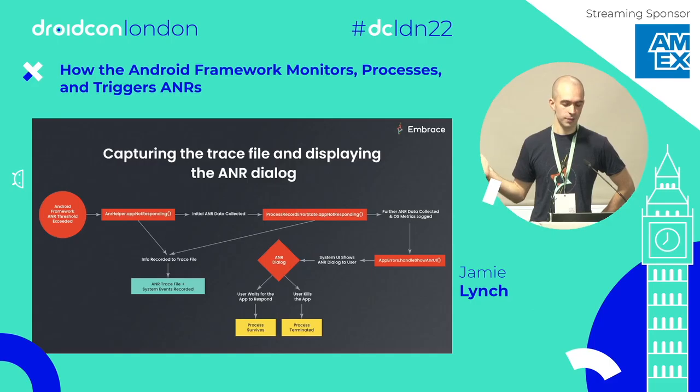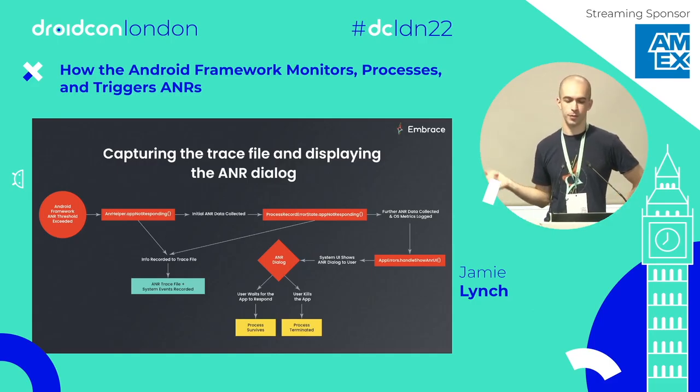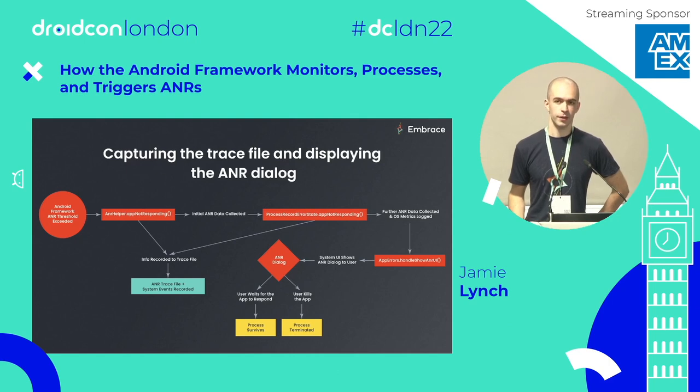If an ANR has been triggered, the first class which gets called is AnrHelper appNotResponding. That does a few things. It basically writes a trace file to data/anr/traces, and also records a bunch of miscellaneous system events, which are used for internal metrics.